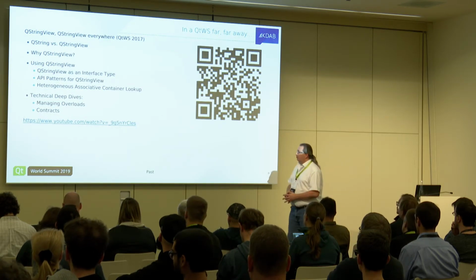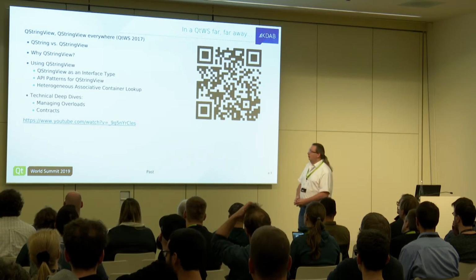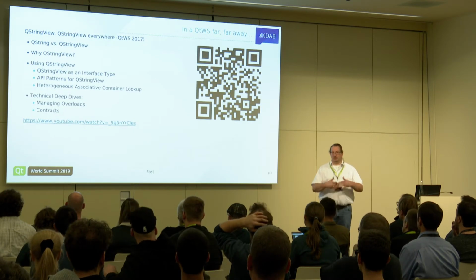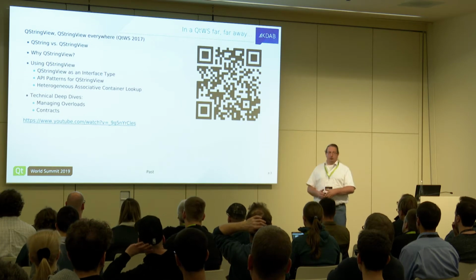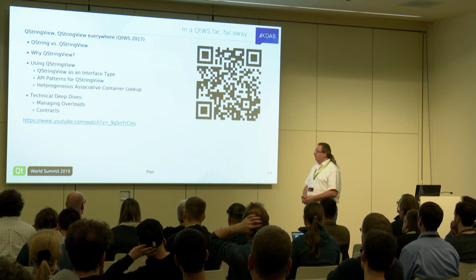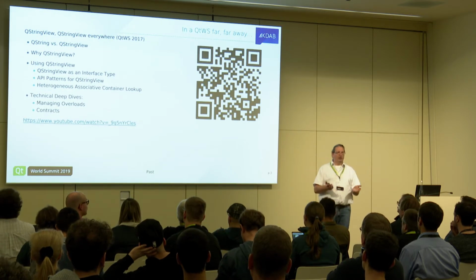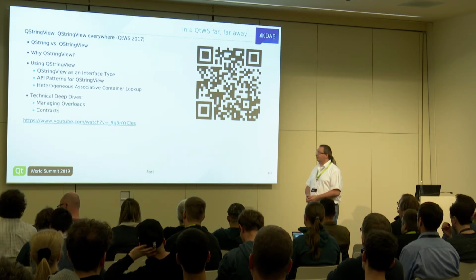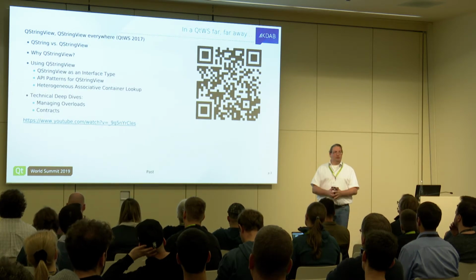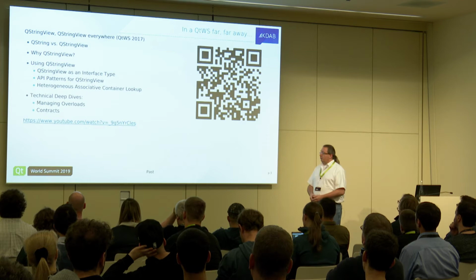I also showed an advanced pattern of how to use QStringView as a key element in a QHash or a std::map, to get heterogeneous key lookup, which we're missing even from C++17 in the standard hashed containers. So what is this about?